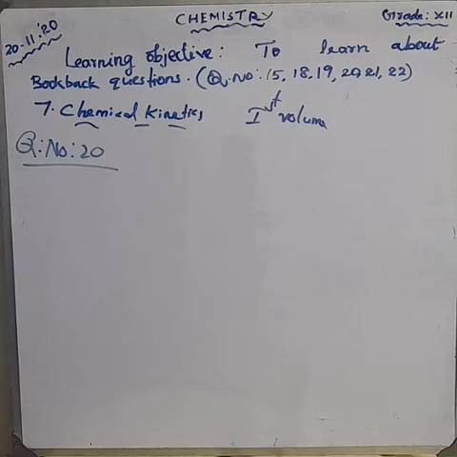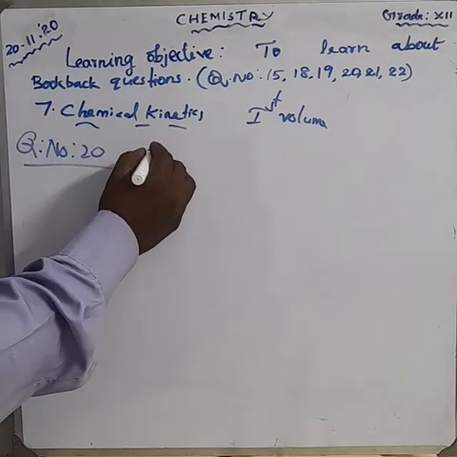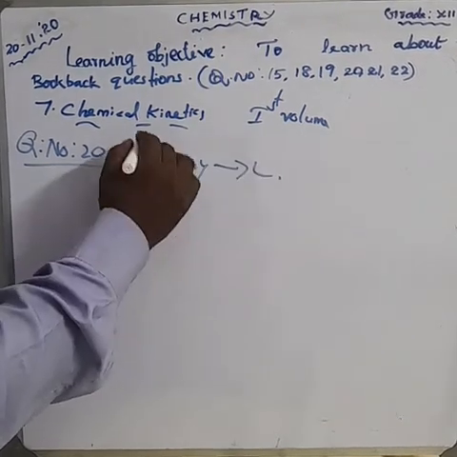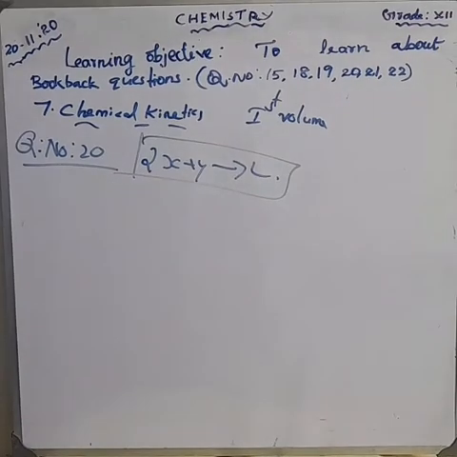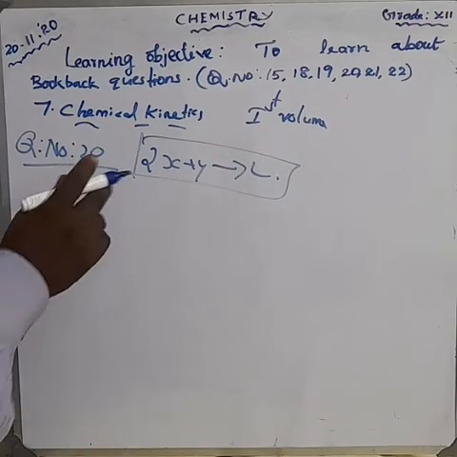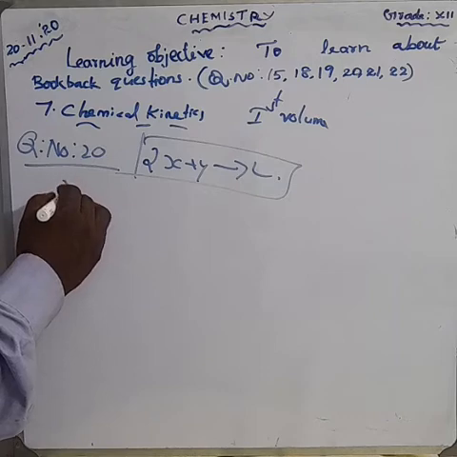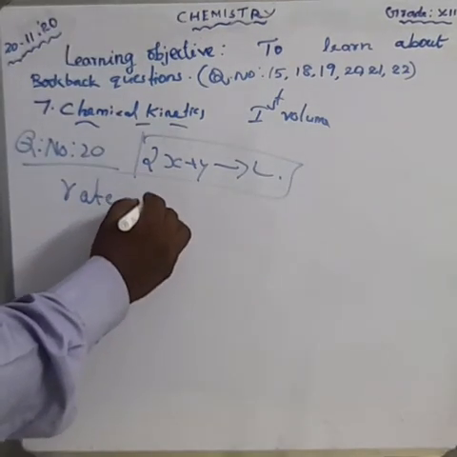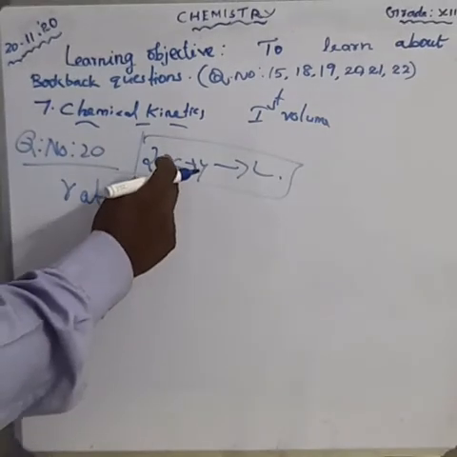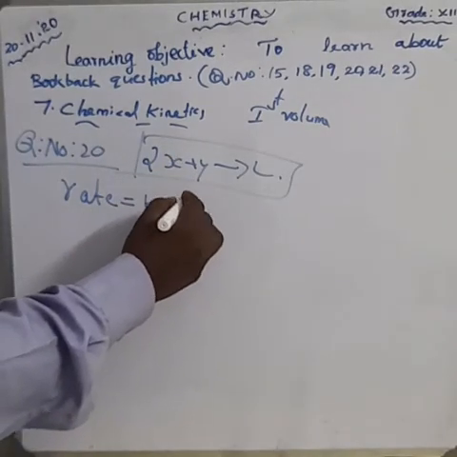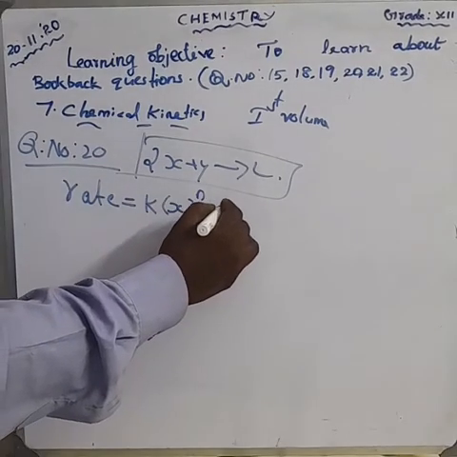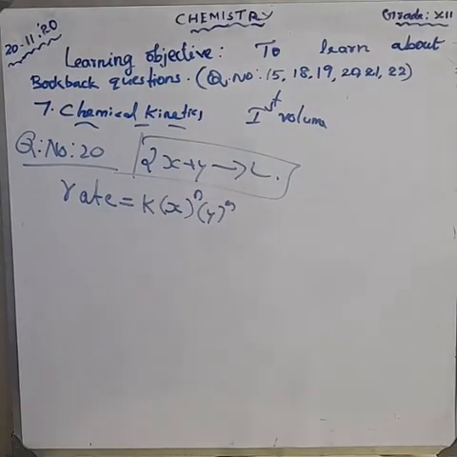First, you should write the rate for that equation. What's the equation? 2X plus Y gives L. This is the equation. So first you write the rate of this equation. Rate is equal to k, the constant, X power n and Y power m.